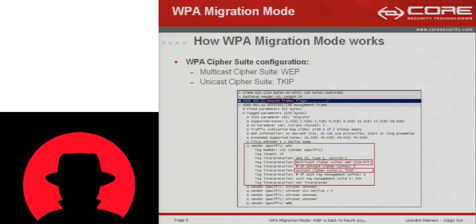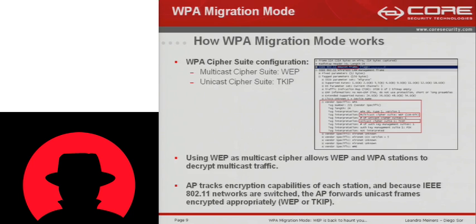So for multicast and broadcast, we can use either WEP or WPA. Using WEP as a multicast cipher allows WEP and WPA stations to decrypt multicast traffic.